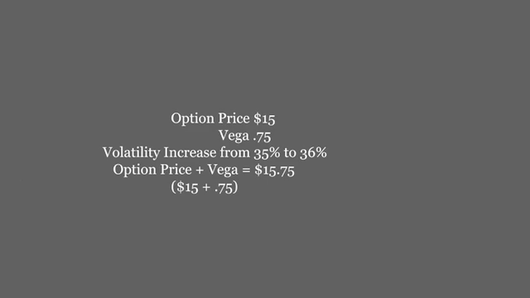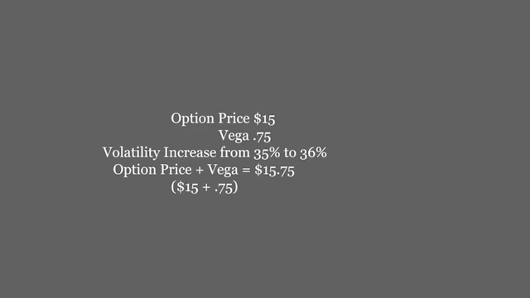Option moves up a percentage point from 35 to 36, and theoretical value increases to $15.75. Like I said before, if volatility has increased, add this value to the option's present value. The value is Vega. Add Vega to the price of the option.